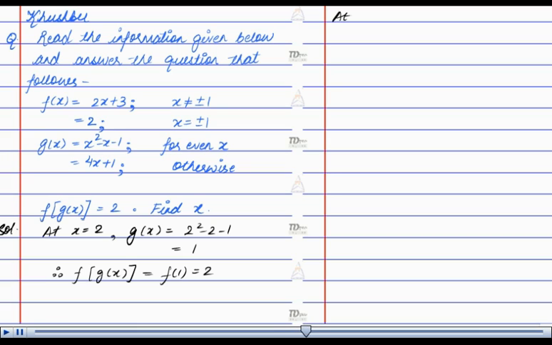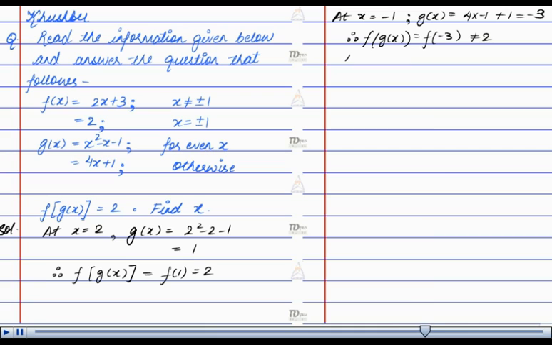At x = -1, g(x) becomes 4 into -1 plus 1, that is -3. Therefore, f(g(x)) becomes f(-3), which is not equal to 2.